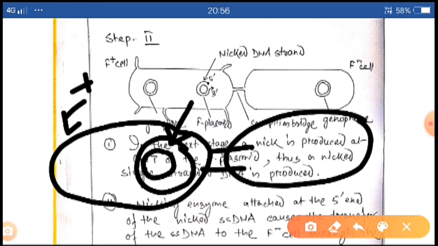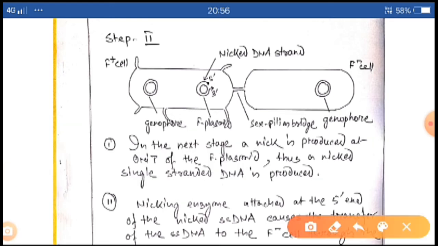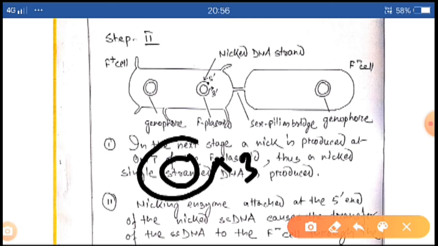As a result of that, the DNA will be like this. This one is 3 prime and this one is 5 prime. Okay, the nicking enzyme will push the broken DNA to the bridge or tunnel, and it will push this particular DNA to the recipient cell. Clear? Okay.